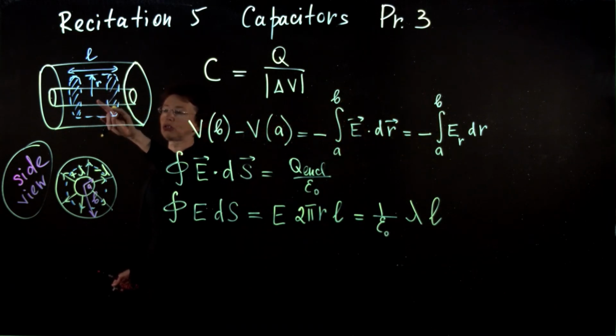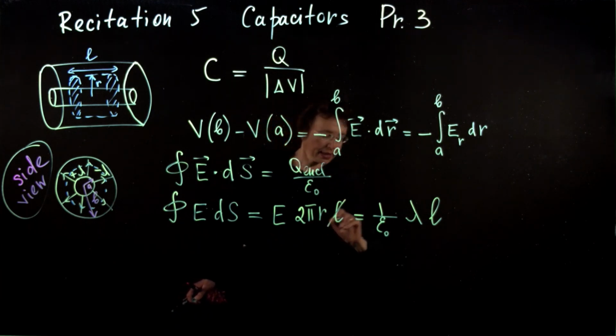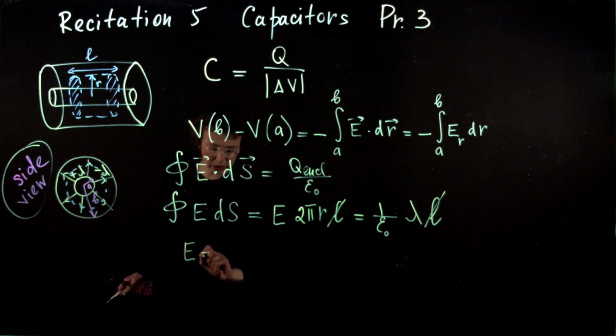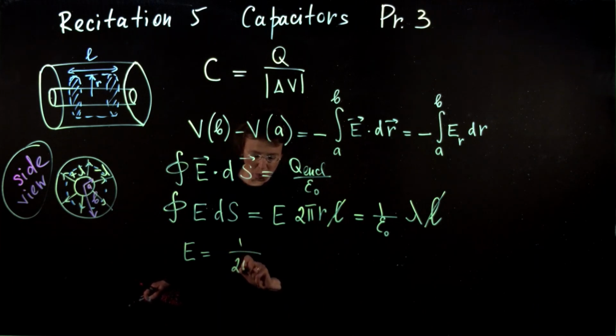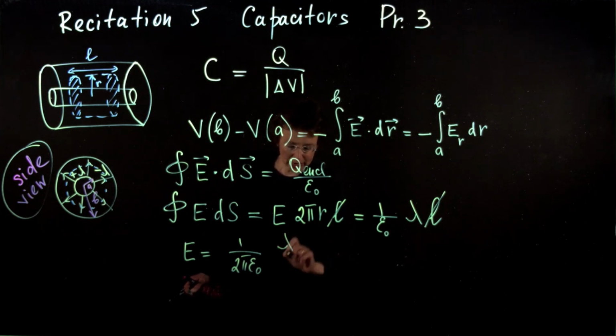L cancels out as expected, and then the electric field between these cylindrical shells is 1 over 2 pi epsilon naught, and then lambda divided by r, and it is radially out.